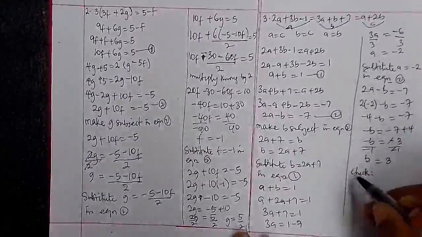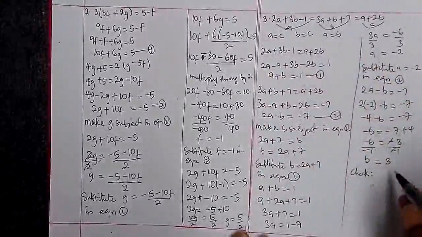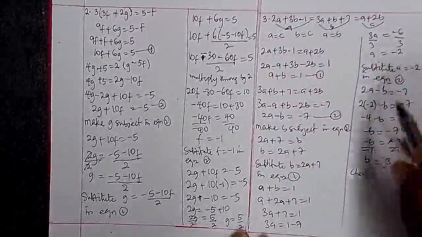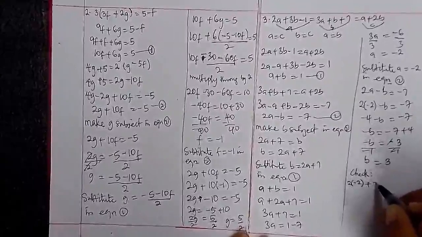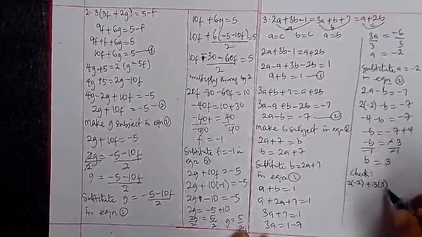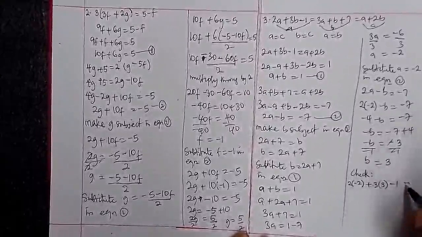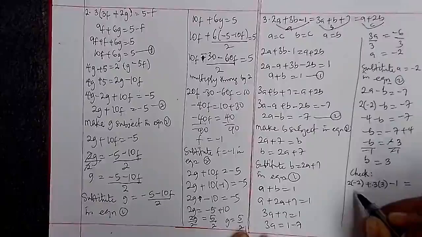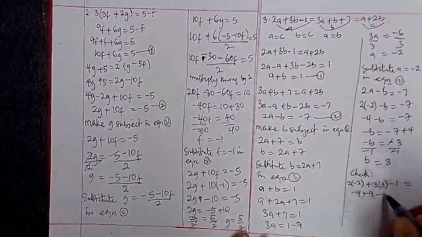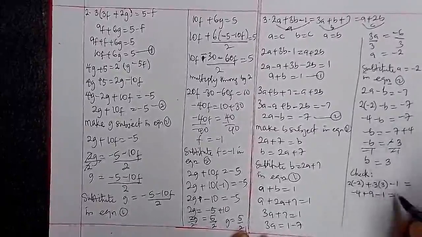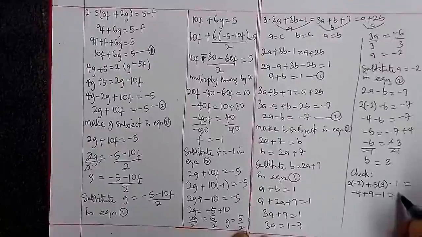Our a is minus 2, so we have 2 times minus 2 plus 3, b is 3, minus 1. Let's see what the answer gives us. Minus 4 plus 9 minus 1 is equal to what? The answer is equal to 4.